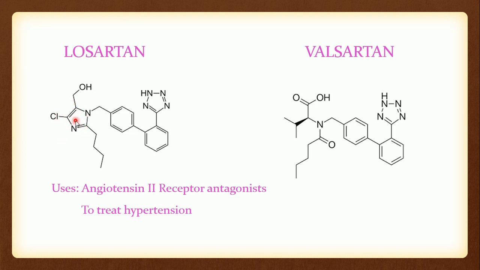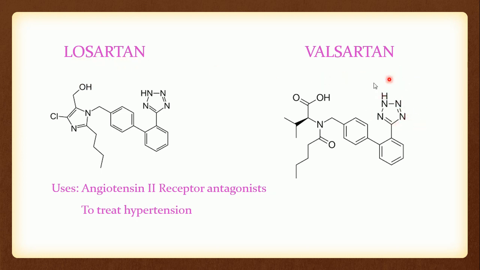To this imidazole at the 2nd position there is a butyl group, at the 4th position a chloro group is present, and at the 5th position a methyl hydroxy group is present. That is the structure of losartan.